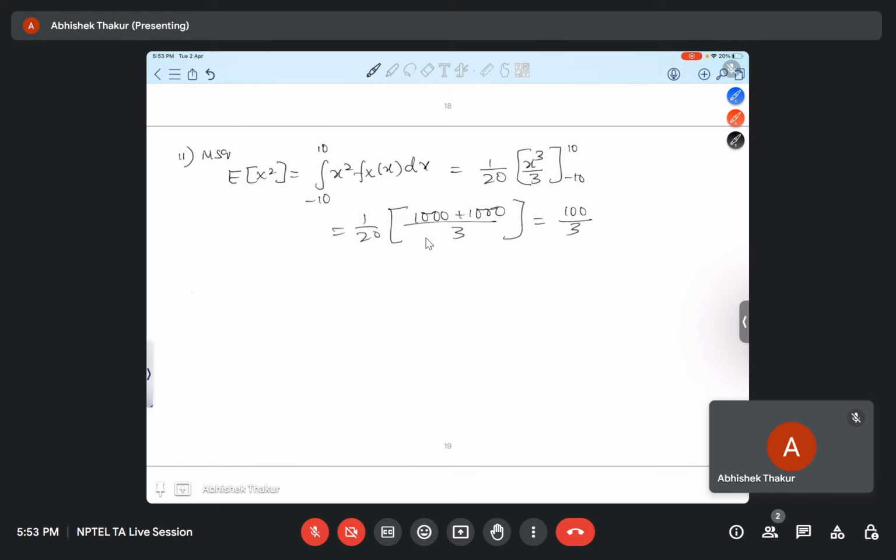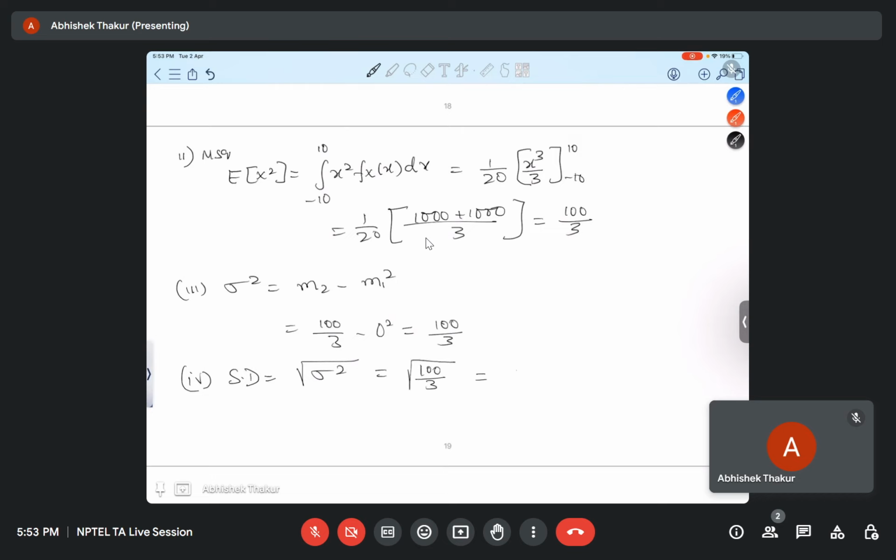Now the third parameter, that is variance. So that is sigma squared, which is equal to m2 minus m1 squared. So here m2 is 100 by 3, m1 is 0, squared. So that is equal to 100 by 3. The fourth parameter is standard deviation, that is the square root of sigma squared. So that is equal to the square root of 100 by 3.